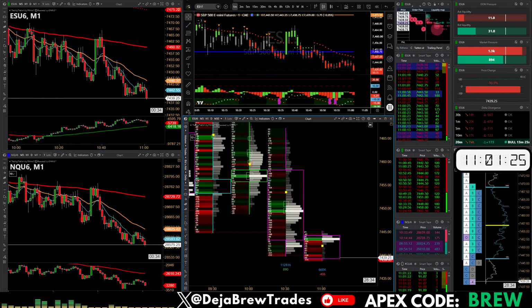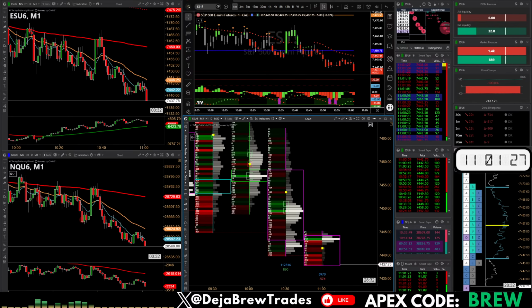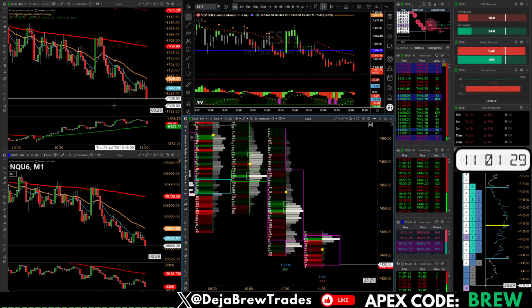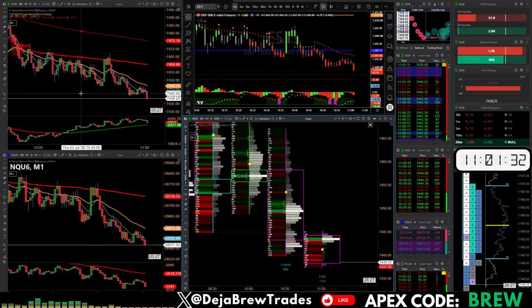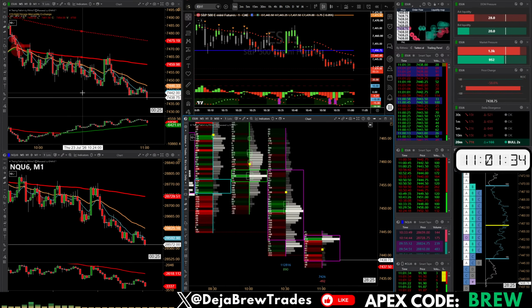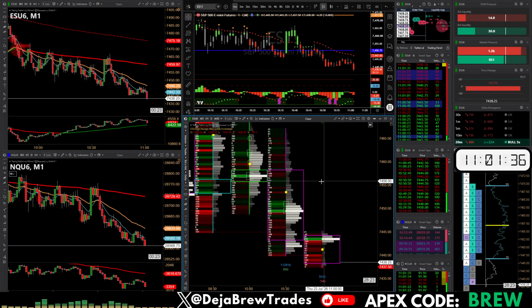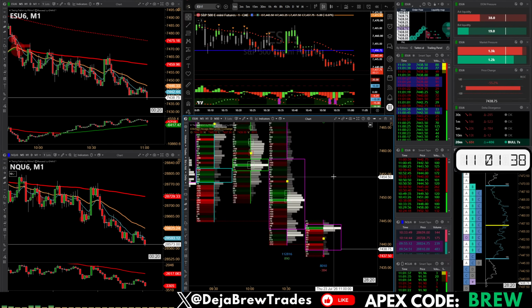We just need to get rid of this bullish delta. The bullish delta constantly coming in since 10 o'clock is the biggest problem for the sellers. If they can fix that problem, then they can go down a lot easier.